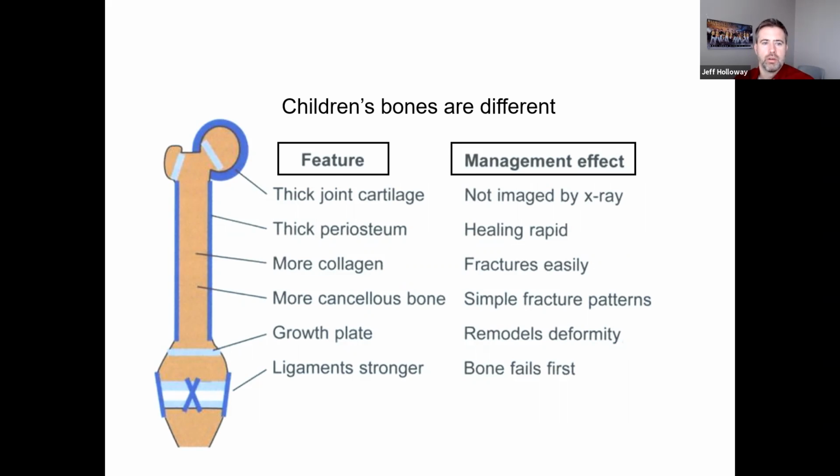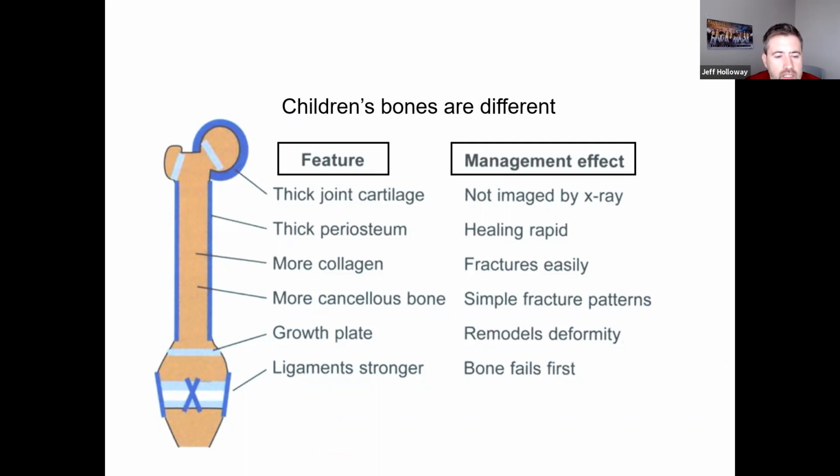And luckily, kids' bones are different, and they're actually sometimes easier in some ways, and then obviously have more complexity in others. And this is just demonstrating some of that, where you get thick joint cartilage, which you can't image on x-ray. As we'll talk about, ultrasound sometimes is a better way to assess these and get more information, such as joint effusions and things like that.